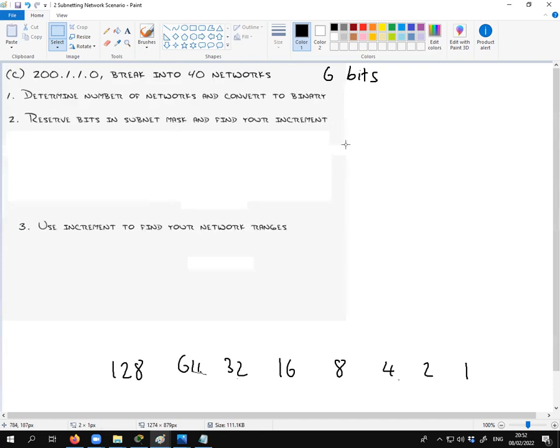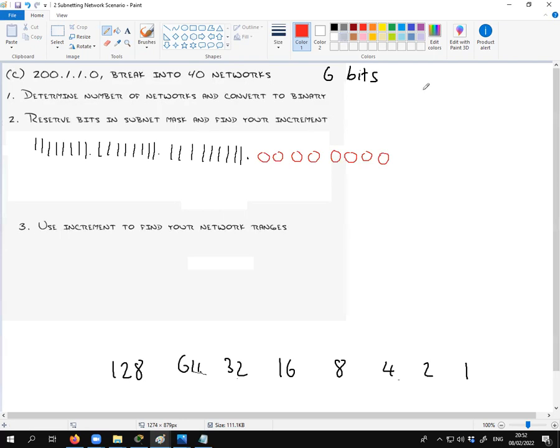So we'll write down the default subnet mask in binary. So it's 1, 2, 3, 4, 5, 6, 7, 8 dot 1, 2, 3, 4, 5, 6, 7, 8 dot 1, 2, 3, 4, 5, 6, 7, 8 dot 0, 0, 0, 0, 0, 0, 0, 0. And that there is a slash 8, 16, 24.